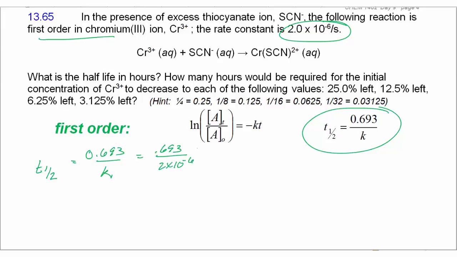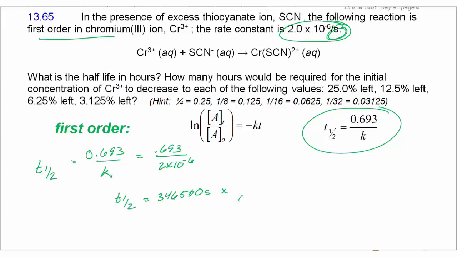Now that's going to be in seconds, so we're going to have to do some converting here. But 0.693 divided by 2 times 10 to the negative 6, you get about 346,500. So that's my half-life. Now, realize that is in seconds, though. They want the answer in hours.